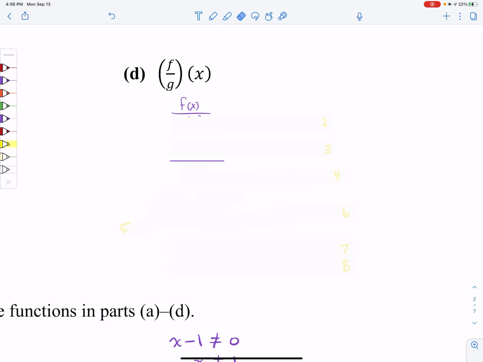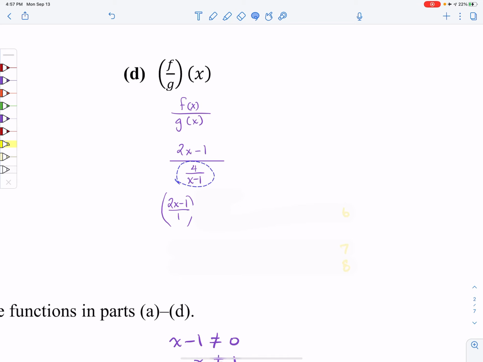So we take our f of x, we're going to divide our g of x. So our f of x we know is 2x minus 1. Our g of x is 4 over x minus 1. Okay, you remember how to divide fractions. When you divide fractions, you need to multiply by the reciprocal. Keep the top. Okay, so that's what I have here.